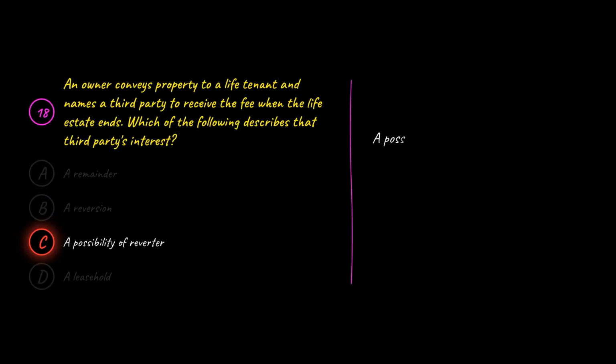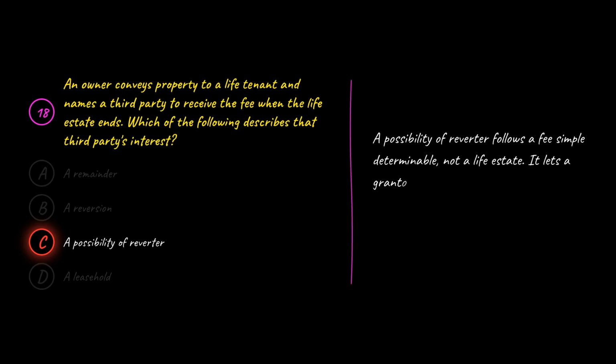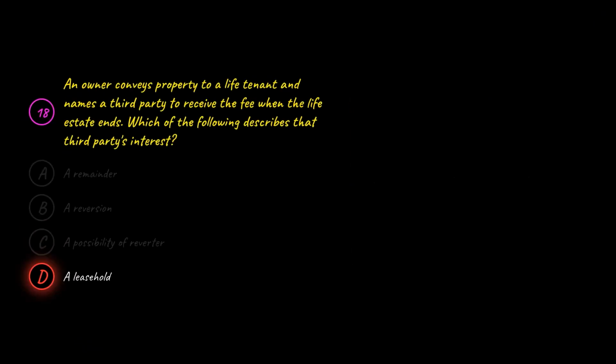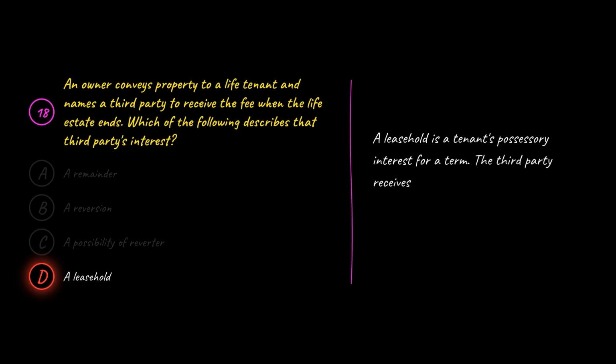C is wrong because a possibility of reverter follows a fee simple determinable, not a life estate. It lets a grantor retake land if a stated condition fails, which is a different arrangement entirely. D is wrong because a leasehold is a tenant's possessory interest for a term. The third party receives a future ownership interest in the fee, not a temporary right to rent and occupy the property.